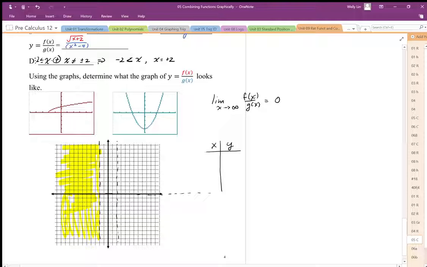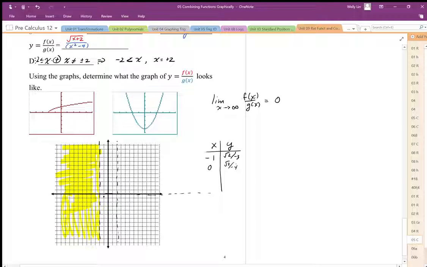So maybe I'm going to choose -1. When x is -1, I end up with √2 over -3. So that's going to be a negative value somewhere about 0.5. Then at x is 0, I'm going to get √2 over -4.